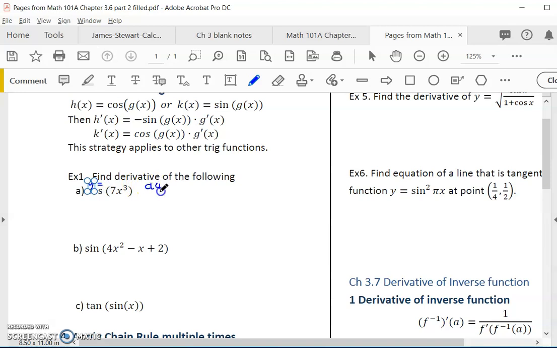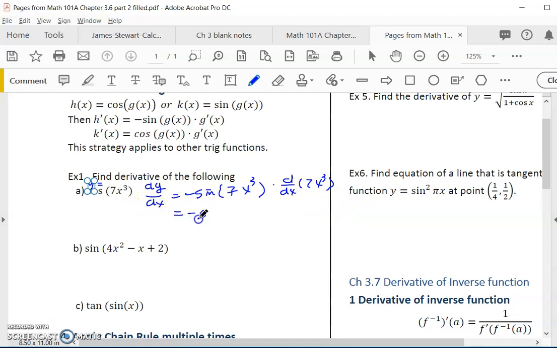So what would dy dx be? Pretend that I'm doing cosine of something. It would be negative sine of that something, 7x cubed. But I have to do a derivative of the inside. If you have a cosine, you do a negative sine of it, and then you do the derivative of the inside, right?